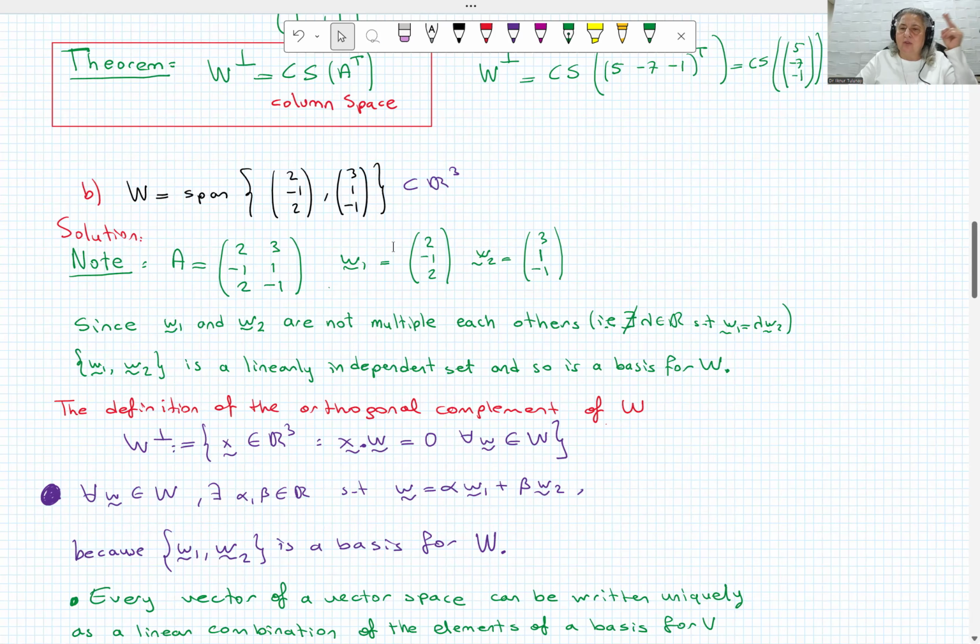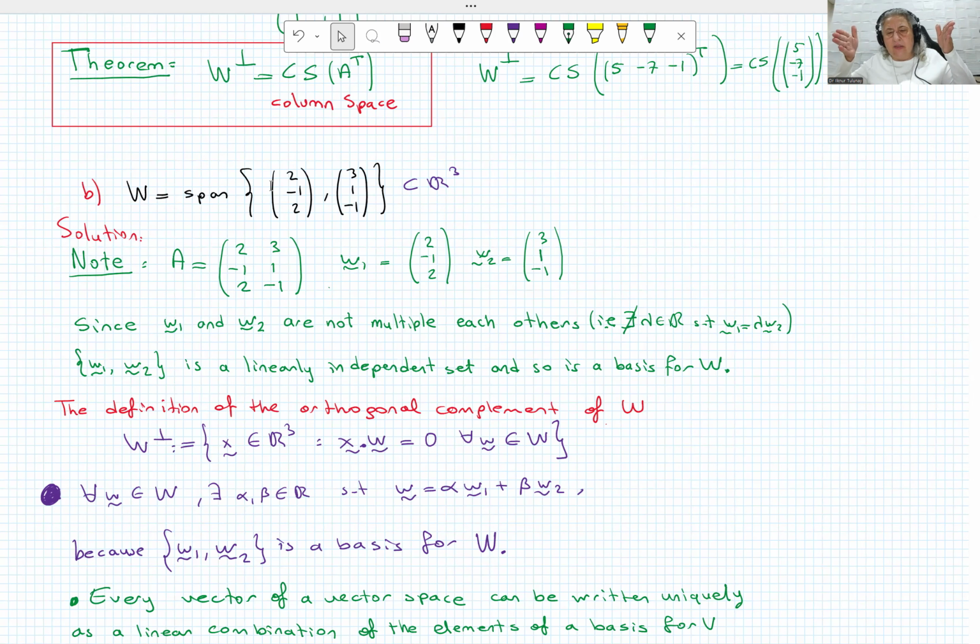Now, this might be tricky. Do not trust all the time the example that is given to you. Maybe you'll have many vectors here, and maybe some of them are in the span of other vectors, so some of those vectors are linearly dependent. You need to take the linearly dependent vectors out.